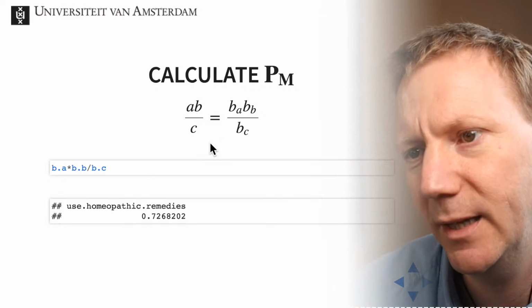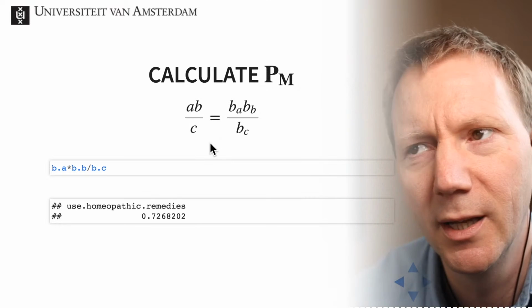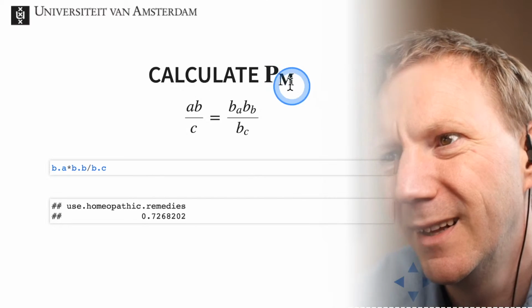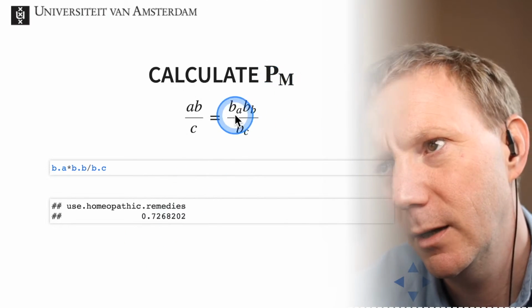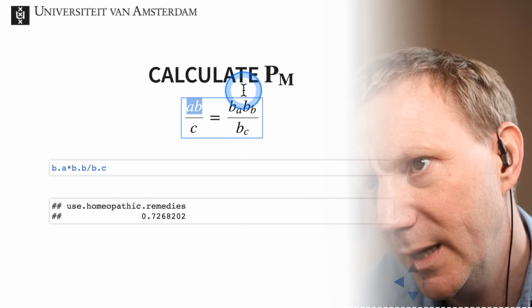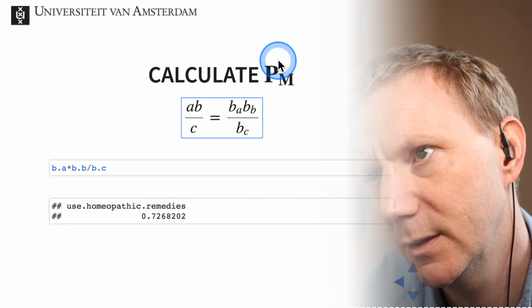It's a proportion, not a ratio, and that's why it's called the P of the model. What is the proportion of the effect of the mediator, the indirect effect, to the total effect?